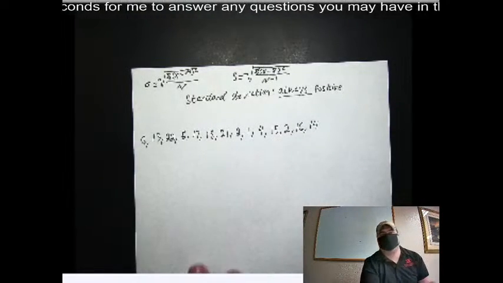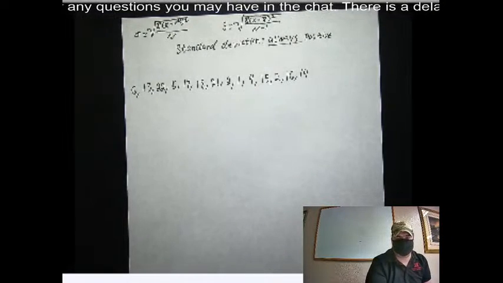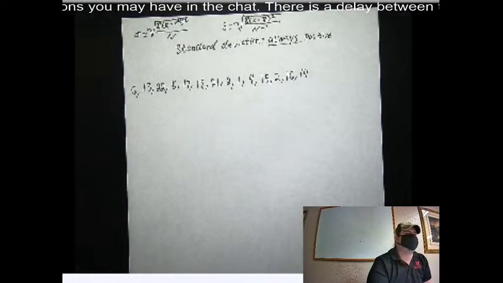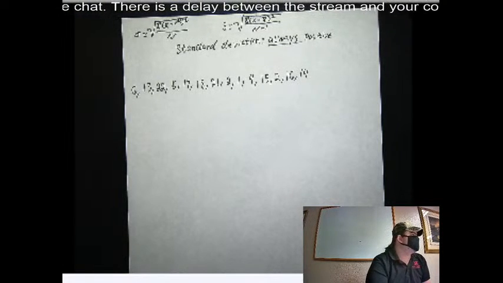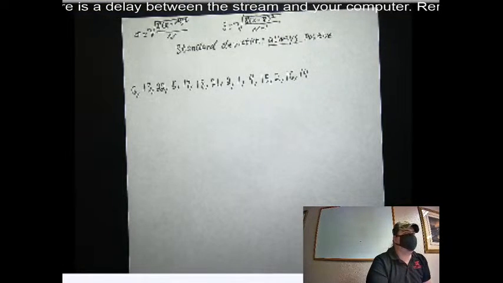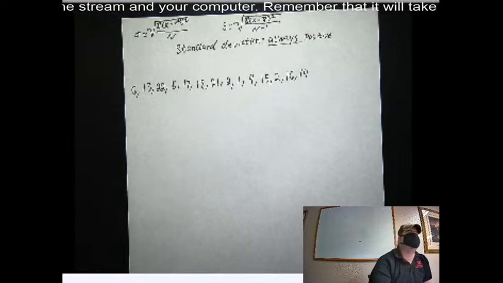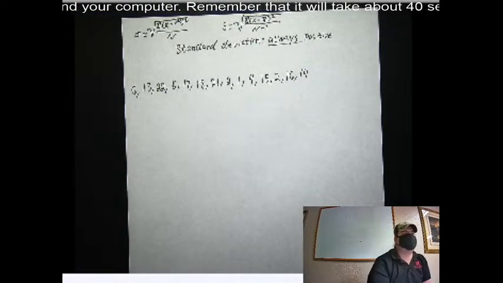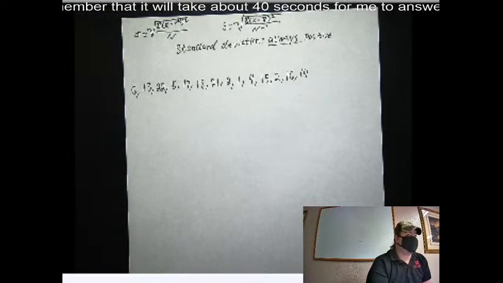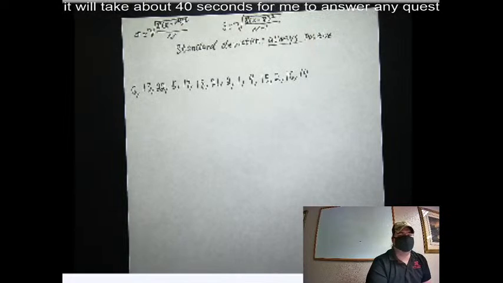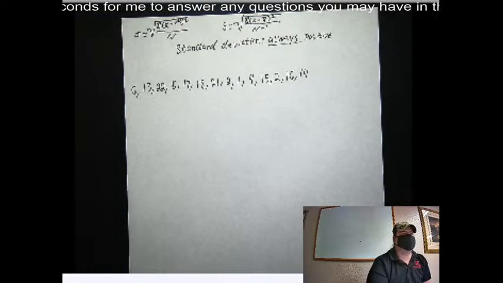Yeah, I can find standard deviation. I can find a lot of things about this. But for this particular example, what I want to do is I want to find what's called a 5-number summary. And a 5-number summary is a way of finding some values to compare the distances between our data points. And it's actually quite simple. In fact, we've done most of this already before. We just didn't realize we were doing it.